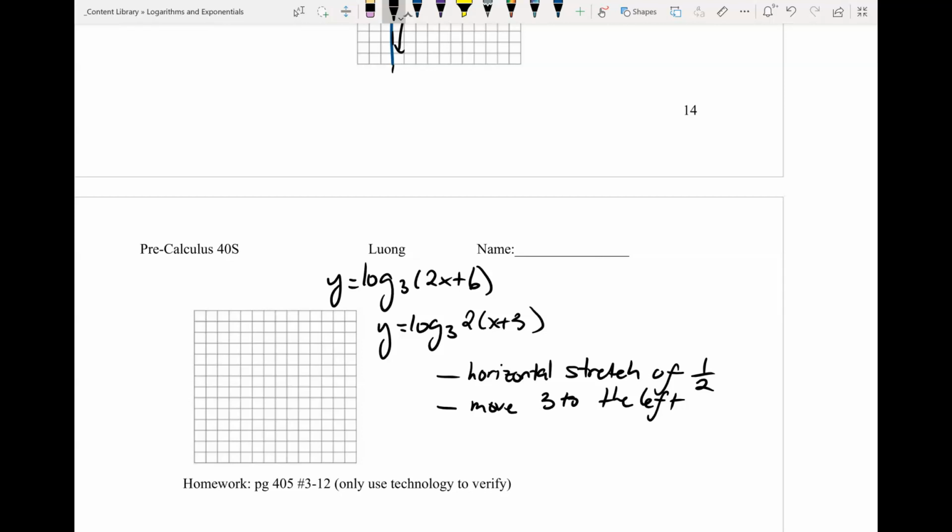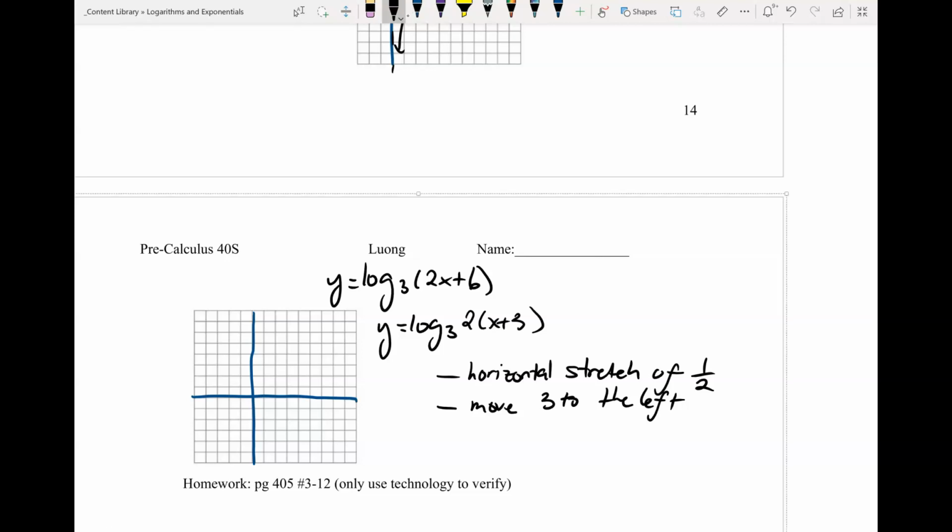Okay, so we finished that. Now I'm going to draw my XY plane, and figure out where I'm going to draw my asymptote first. So before we had an asymptote at x equals 0. Since I'm moving 3 to the left, I have to move my asymptote 3 to the left.